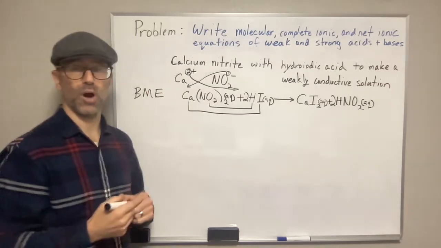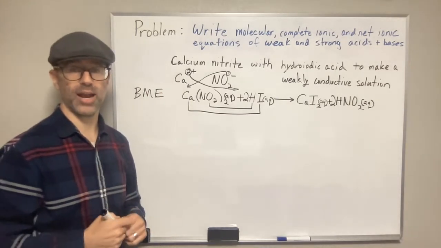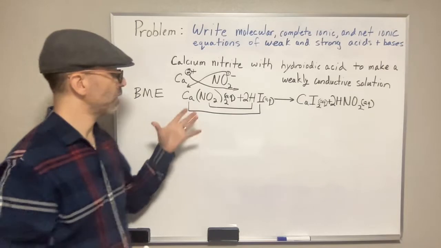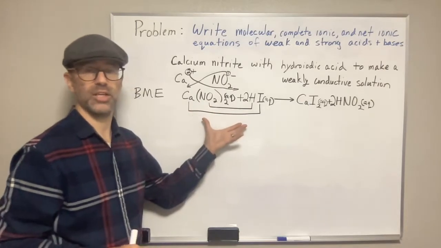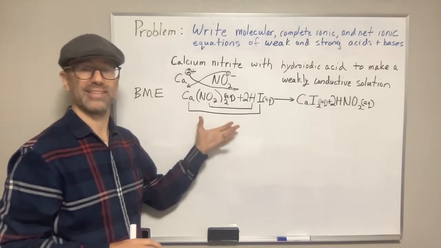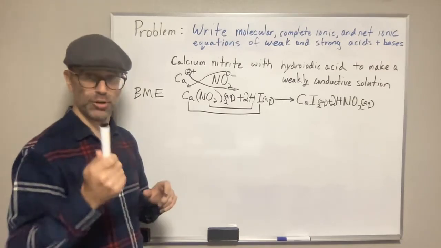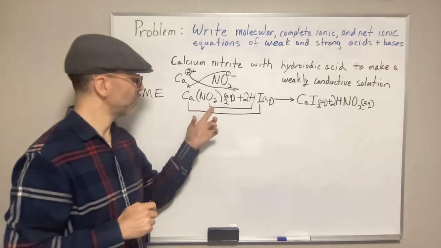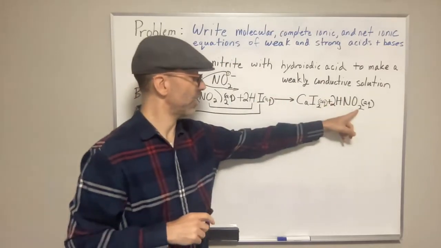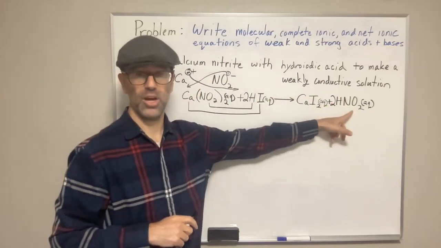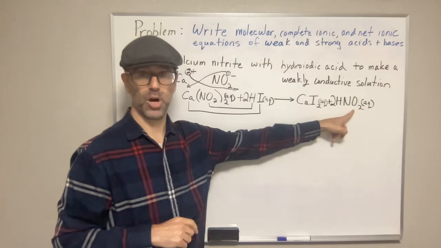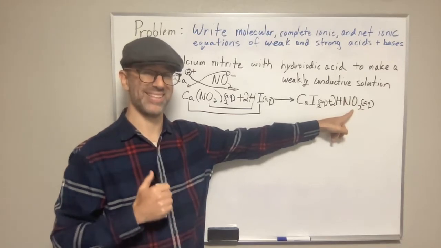Now that we have our balanced molecular equation, we need to do our complete ionic and our net ionic equations. For the complete ionic equation, we're going to take everything that is aqueous and separate it into ions. However, we need to keep in mind that even though this is aqueous, this is a weak acid. So we're not going to take that apart, because almost all of it is together.